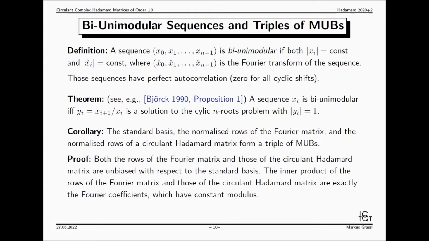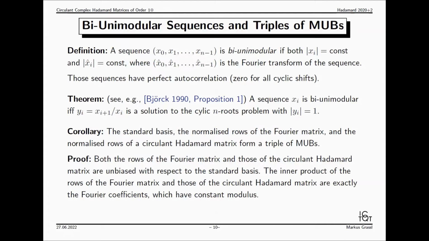That means, of course, the correlation of the sequence with itself has to be non-zero. But if you have any shift of the sequence, then you get a correlation of 0. And that's, in terms of synchronization of signals, what you want. And it turns out that the sequence is biunimodular exactly if, after this transformation, we get a solution to this cyclic n-root problem with modulus 1.